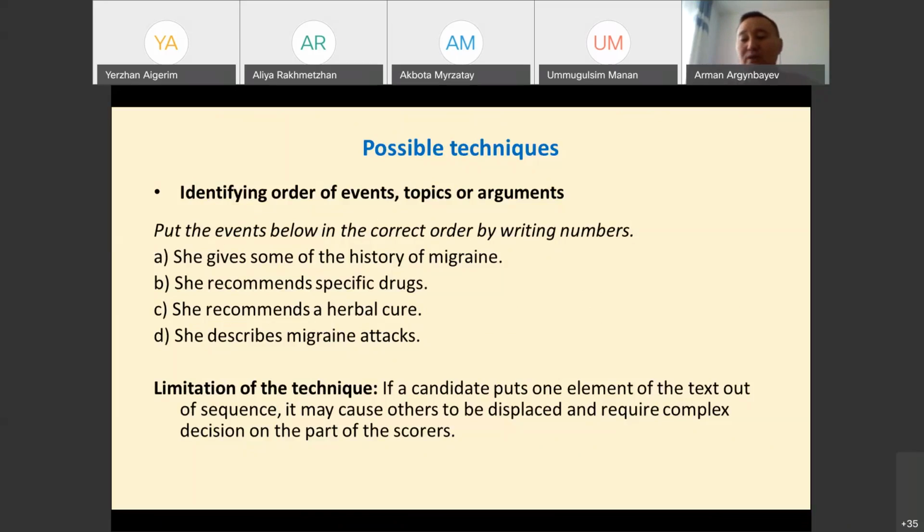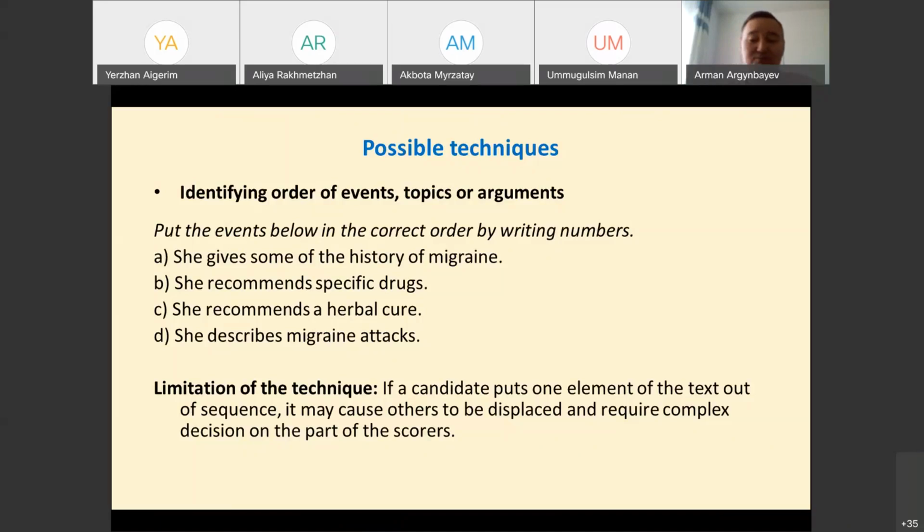Because it has one very serious limitation. If a student puts one element of the text out of the correct sequence, only one sentence, it affects the whole performance. All the other parts will be displaced, and the student will get 0 for all of them. This is why we usually avoid it.